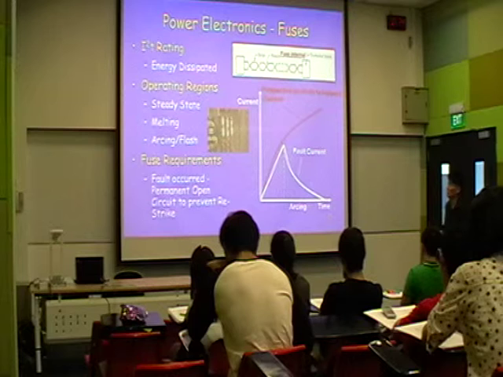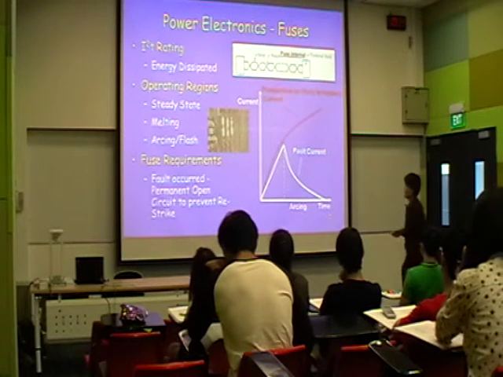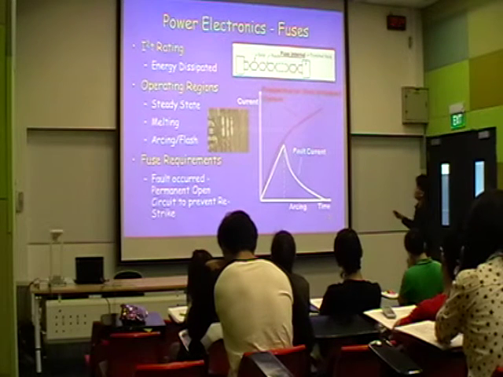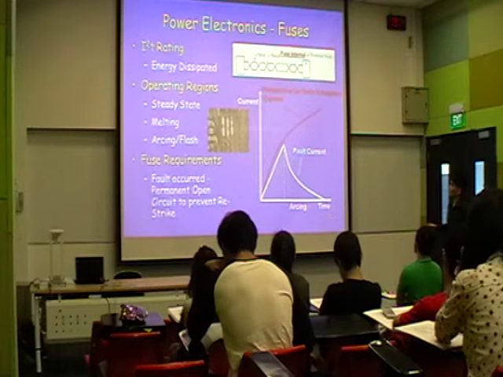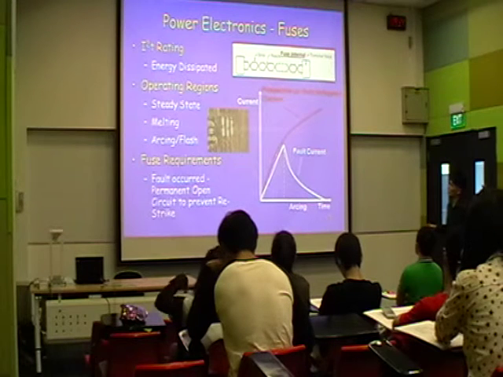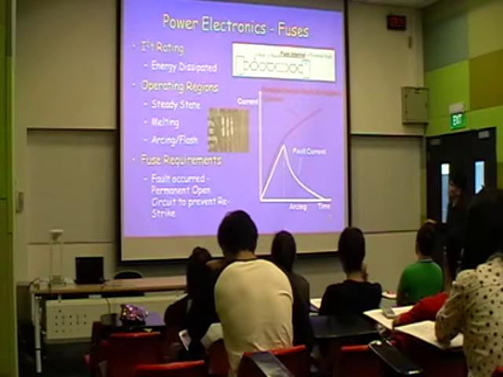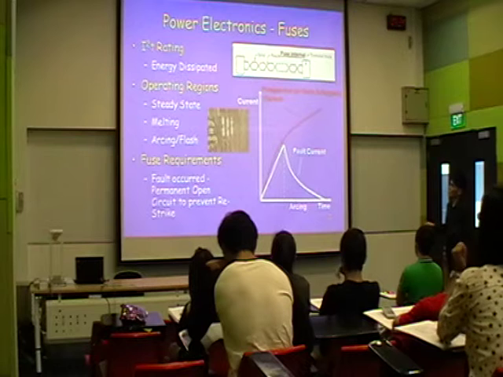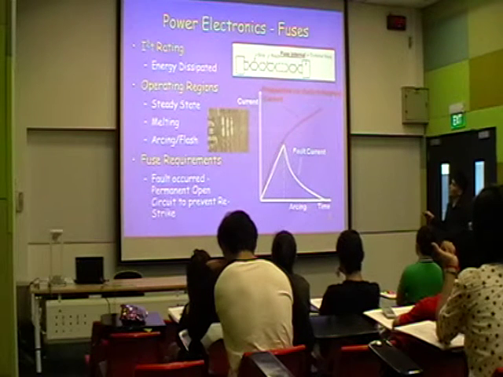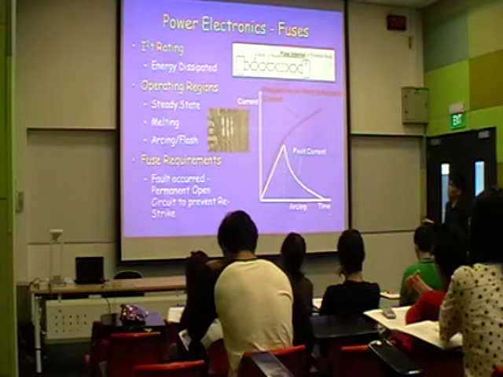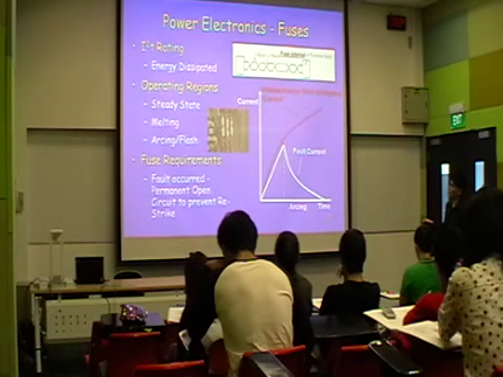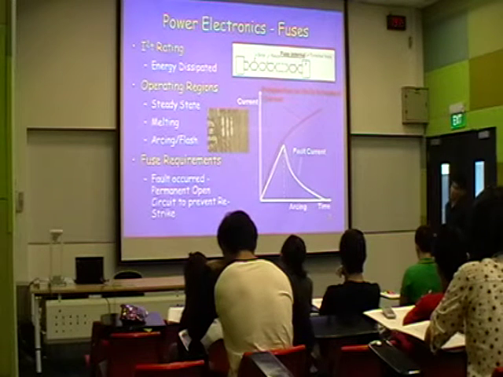In the case of a fault, this one is with the circuit breaker. Without a circuit breaker, the current will just go up and be very high. But with a circuit breaker, from this point you try to reduce the currents.